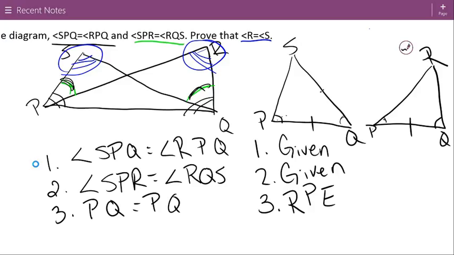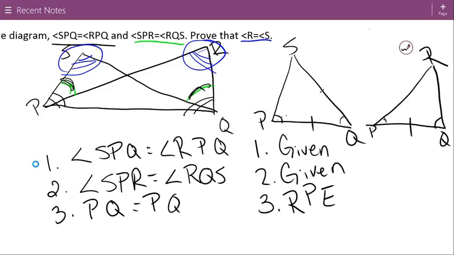So we know that this big angle and the big angle P and big angle Q are equivalent. We know that from our original diagram, in that triangle SP unknown intersection, that smaller part is equivalent to the smaller part of triangle RQ unknown intersection. So we have two equal large angles, and then two equal smaller angles.